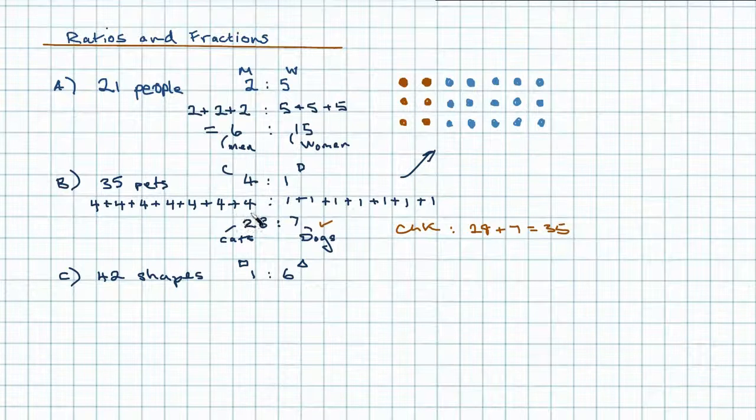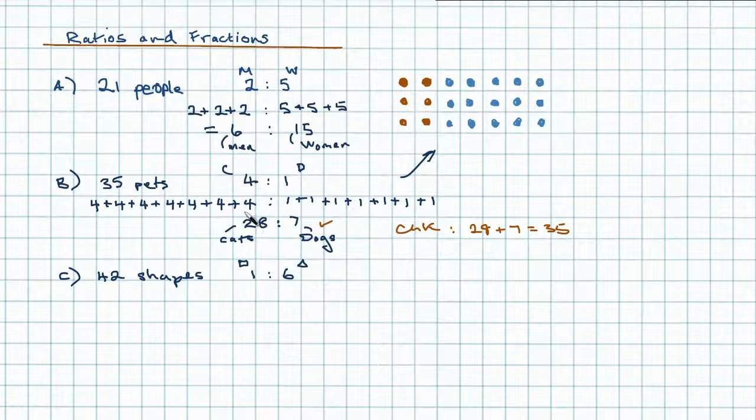In the end, I had 7. And I had to have 7 on the other side. So the magic number was 7. And I multiplied then my 4 by 7 and my 1 by 7 to give myself this ratio 28 to 7. So I need to know, is there an easier way of finding this magic number 7, this scalar 7?